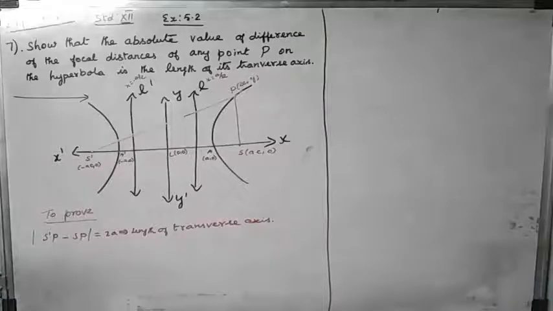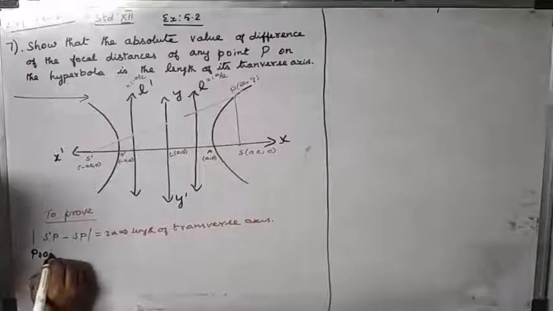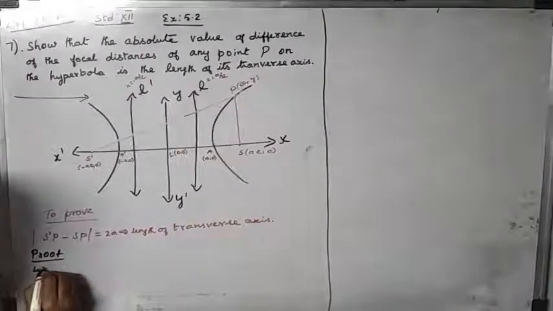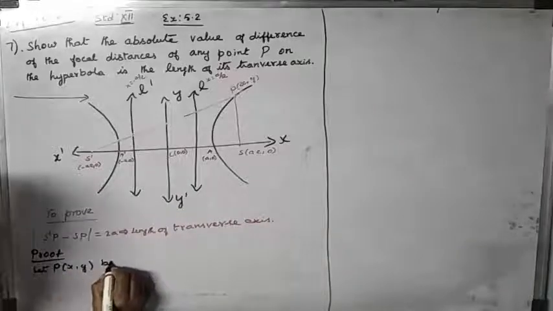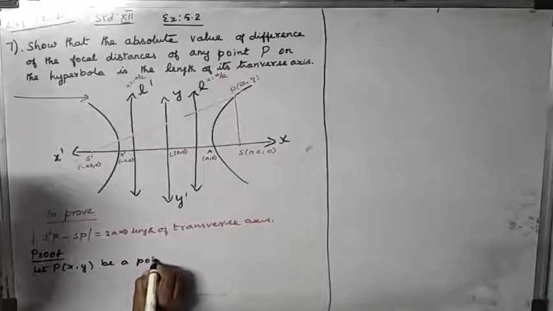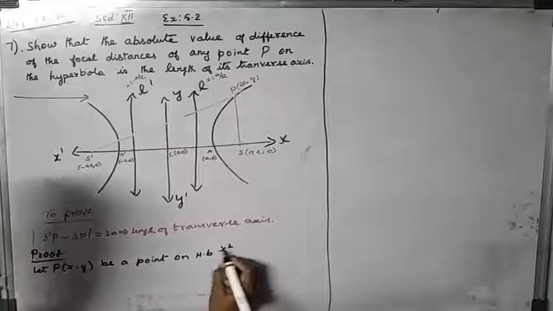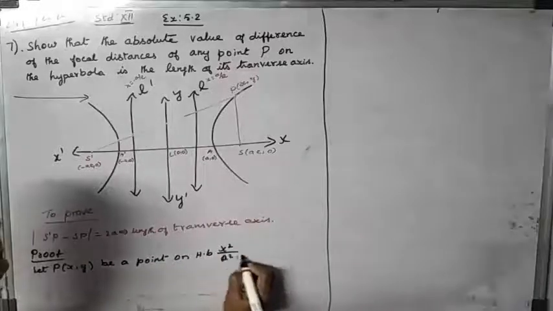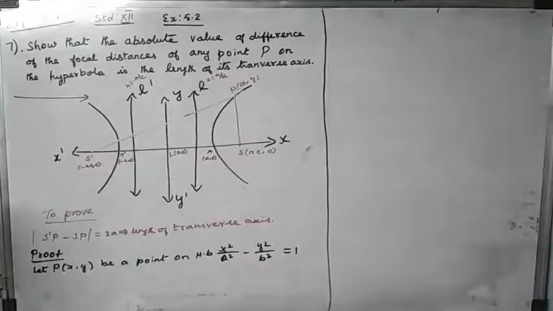So for this, first step, now proof. Let P of x comma y be a point on the hyperbola x square by a square minus y square by b square is equal to 1.